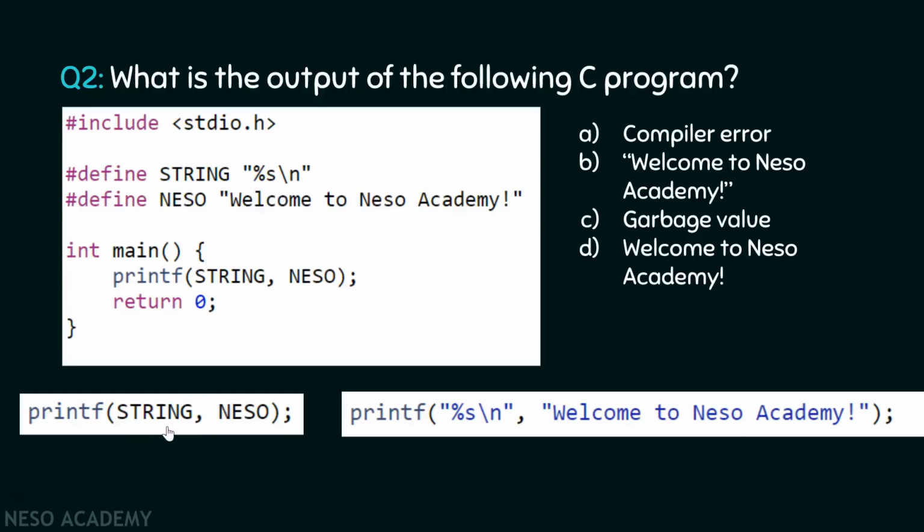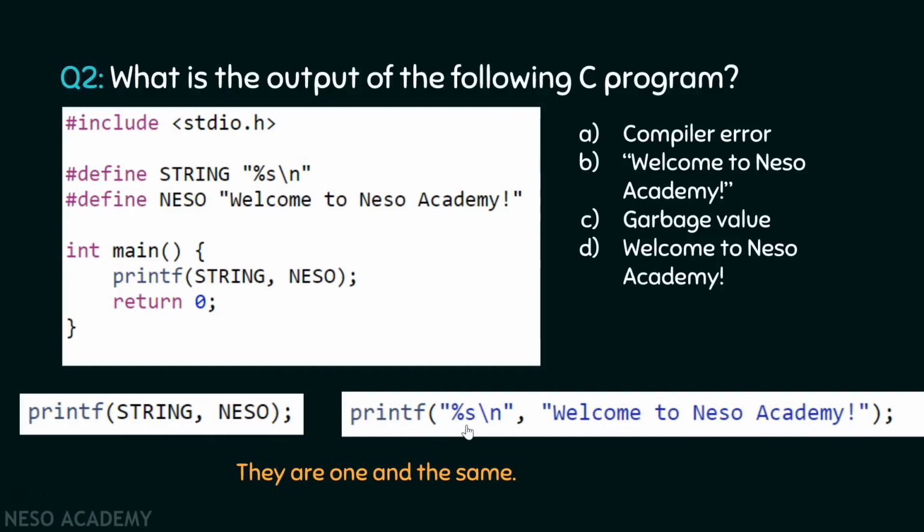Therefore, this macro is going to get replaced by this string over here. And this macro is replaced by "Welcome to Neso Academy!" with double quotes. So there is no difference between these two printf functions. Preprocessor does its job and replaces those macros. After replacement of macros, this is our printf function.